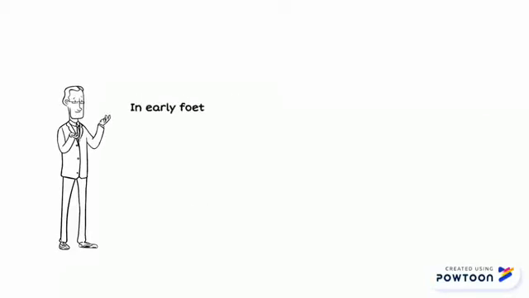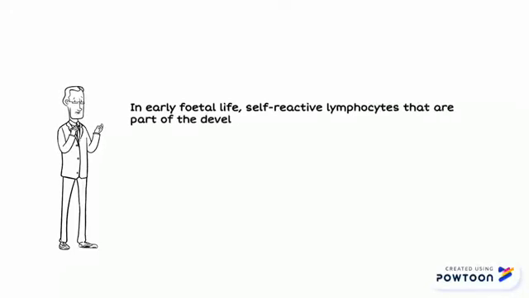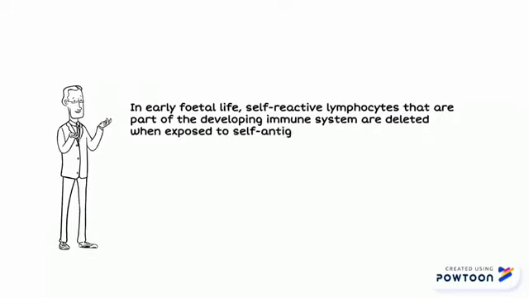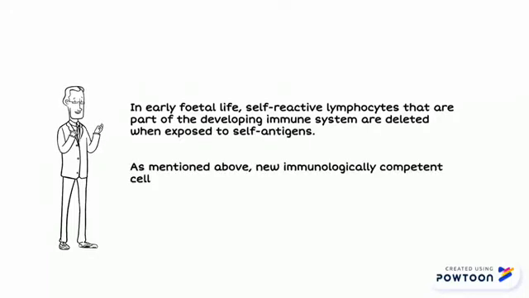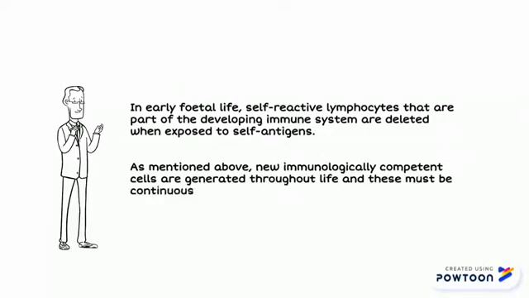In early fetal life, self-reactive lymphocytes that are part of the developing immune system are deleted when exposed to self-antigens. As mentioned above, new immunologically competent cells are generated throughout life, and these must be continuously deleted or inactivated also.